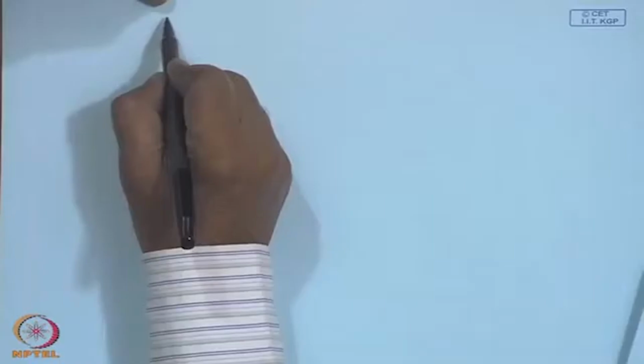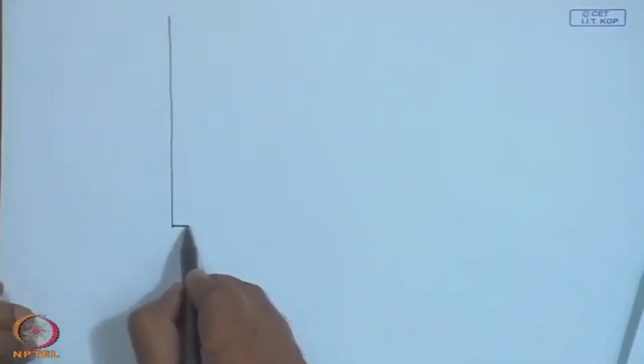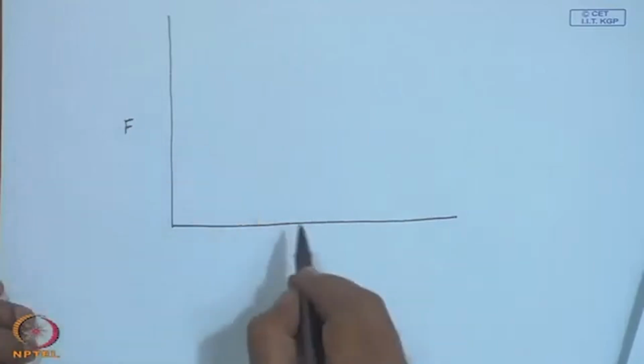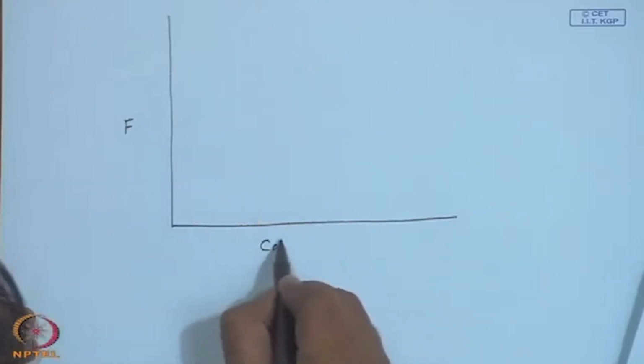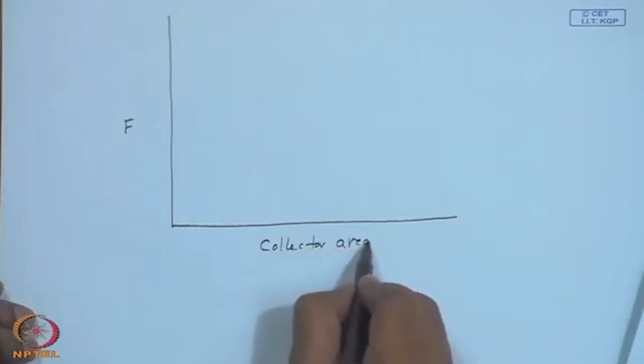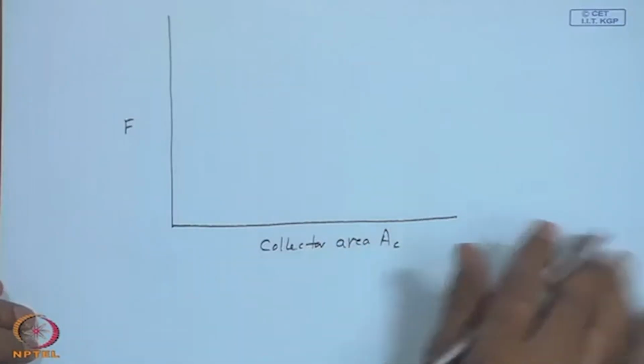So, if I try to plot the solar load fraction F versus, of course, the collector area, all other things will be parameters, which I may have.